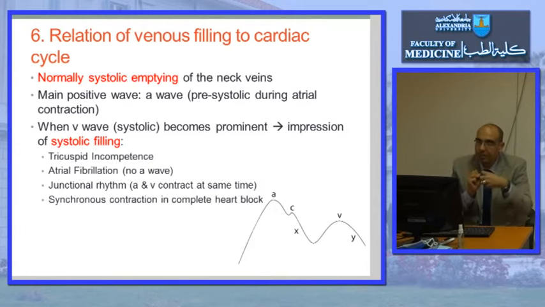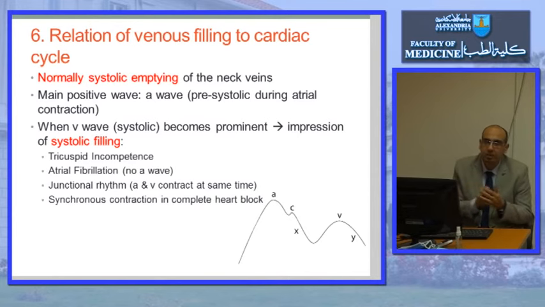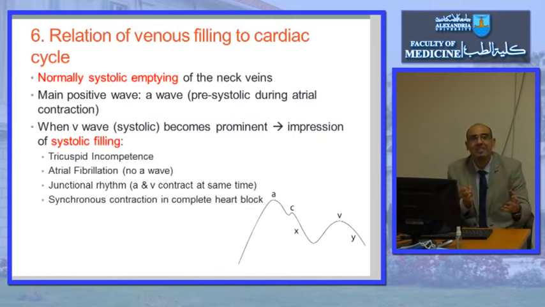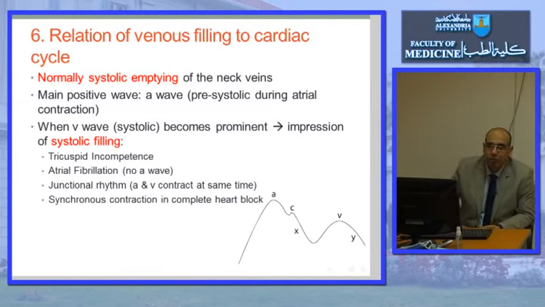So the neck veins will empty into the atrium. During systole, which is ventricular contraction, the atrium will receive blood from the neck veins. So normally there is systolic emptying of neck veins. But if I find that there is filling of neck veins during systole, it is abnormal.